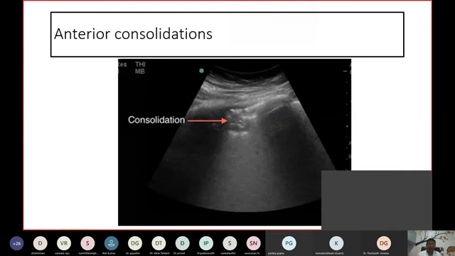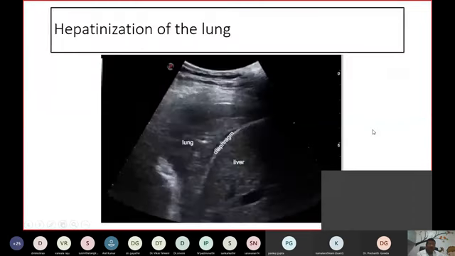The second sign is the tissue sign or hepatization of the lung. Normally the lung is filled with air and you are going to see artifacts, and you're not going to see anything like tissue in the lung when you do ultrasound. But with consolidation, your lung will appear like a tissue or like a liver. So this is an ultrasound at the right flank point.